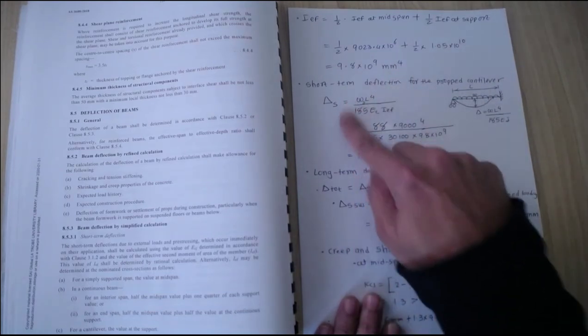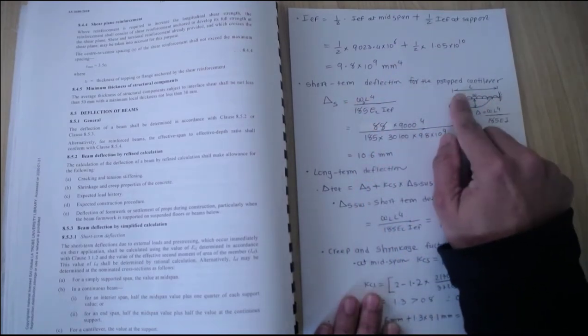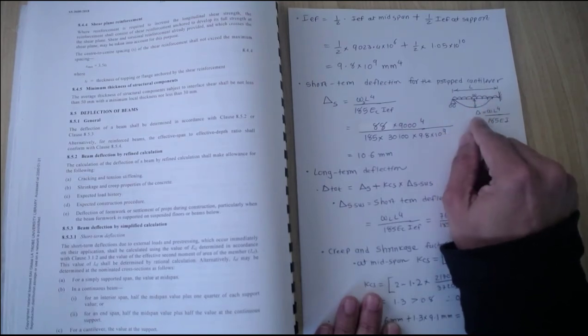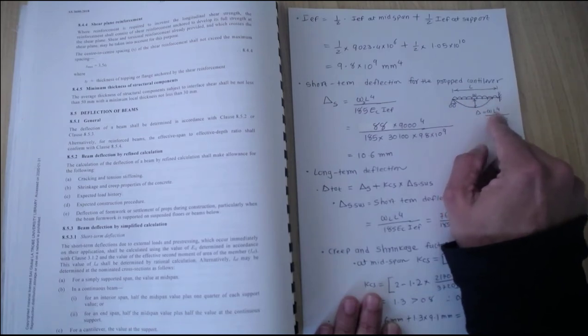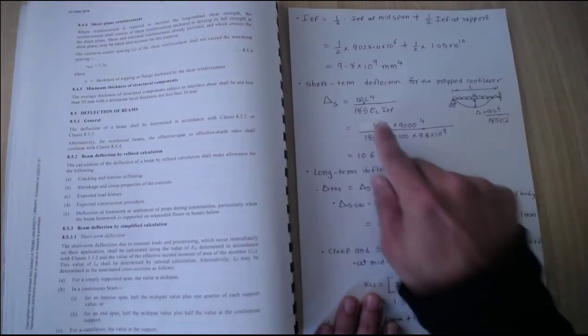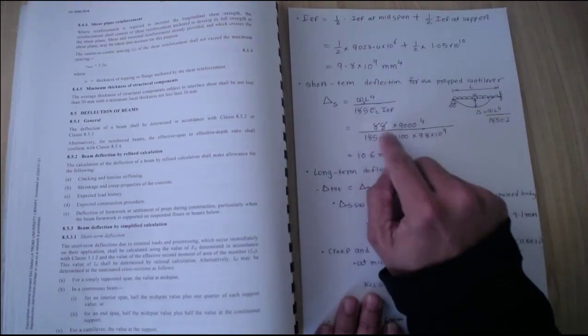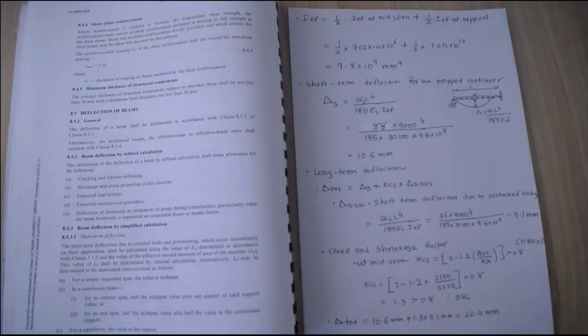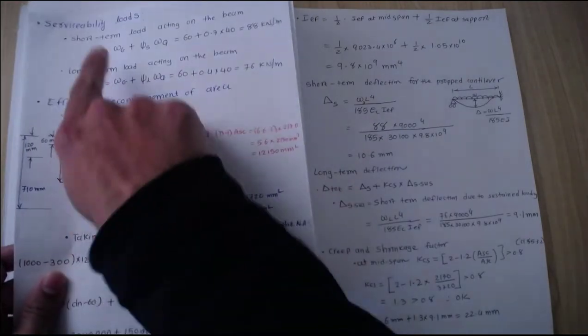Now short-term deflections. If you are taking this prop cantilever and looking for maximum deflection somewhere here, you can calculate it as wL to the power 4 over 184 EI. Now the short-term loading is 88 kilonewton per meter, which we calculated in our serviceability load calculations.